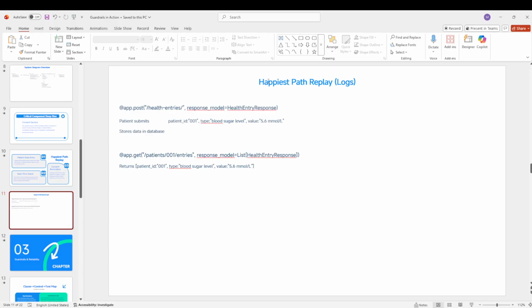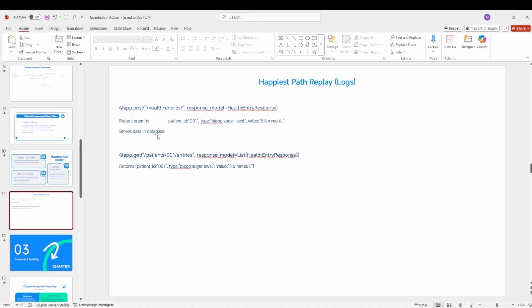So, moving to our happy path replays, this is a log of what it would look like if a patient would post to /health entries with their data. Here is an example: patient number 1 is posting about their blood sugar level at 5.6 mmol per liter, and then our system stores that in the database.